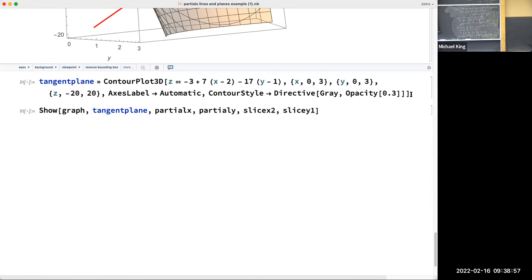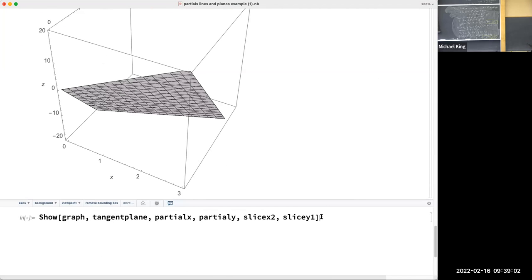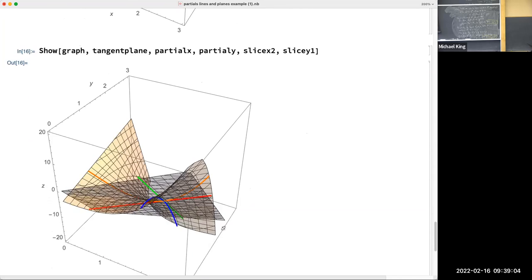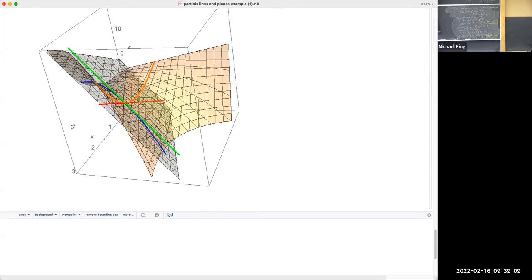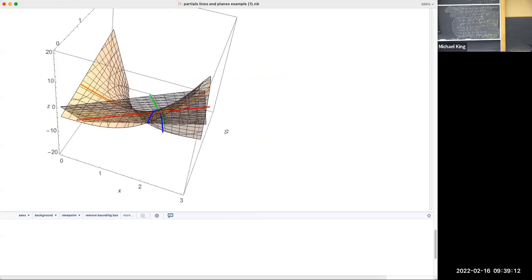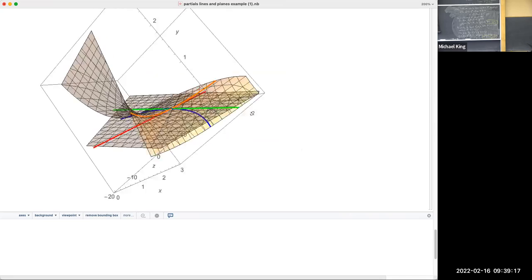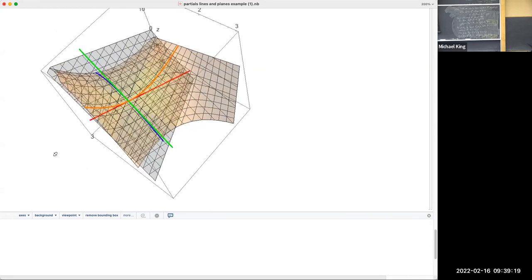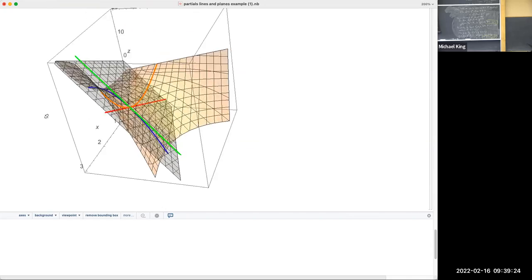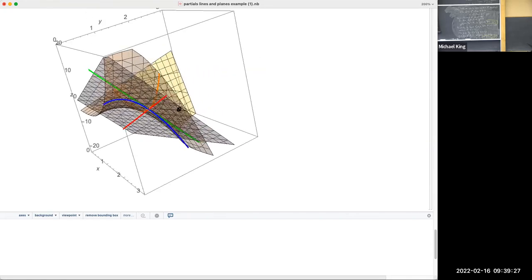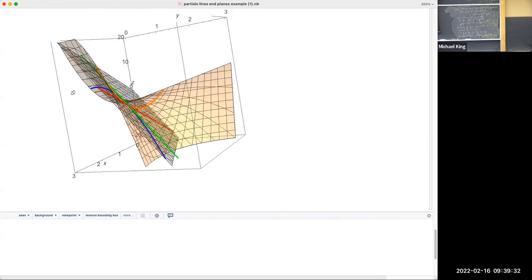So if I put all this together, I actually wrote the plane down. The red and green lines form a plane, right? And that really is the tangent plane. It's kind of weird because it goes through multiple times, but you can kind of see that it's just touching the surface at that point.